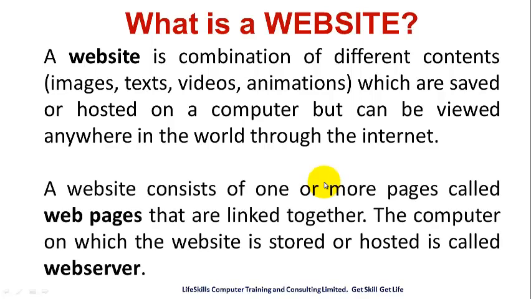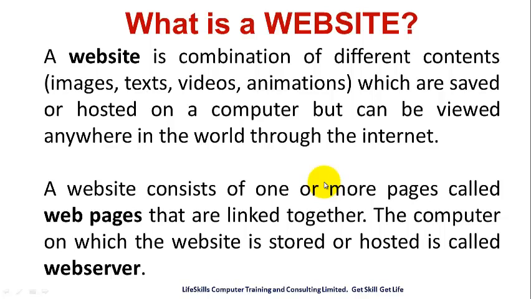Now, a website consists of one or more pages called web pages that are linked together. In Microsoft Word, you type a document that consists of one or more pages. In Microsoft Excel, you work on a workbook, and a workbook consists of two or more sheets.